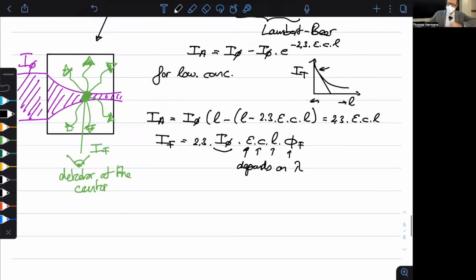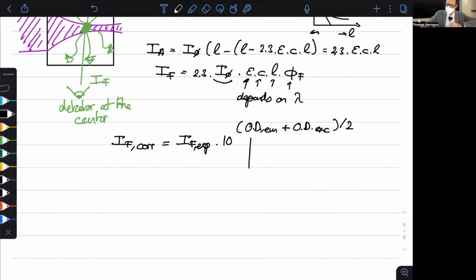So you can do a correction. We'll call it IF correction, which is IF experimental, that's what you measure experimentally, times 10 to the power OD emission plus OD excitation divided by 2.